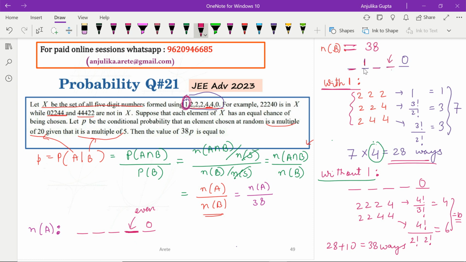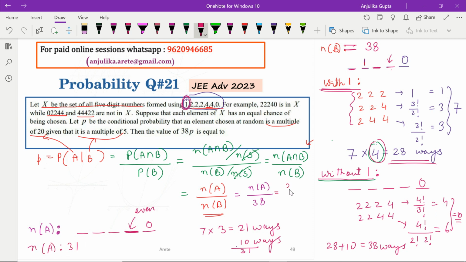That means 1 has only 3 places to go. So instead of multiplying by 4, I multiply by 3. So there are 21 ways with a 1. And without a 1, there is no problem, you have 10 ways. So the total number of ways is 31. So the number of elements which are multiples of 20 is 31.